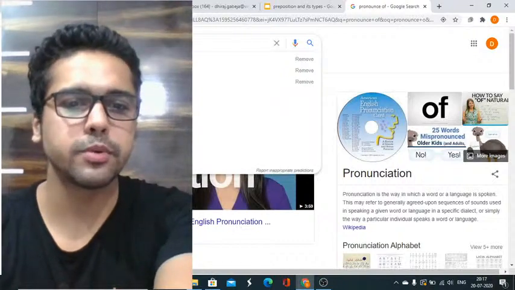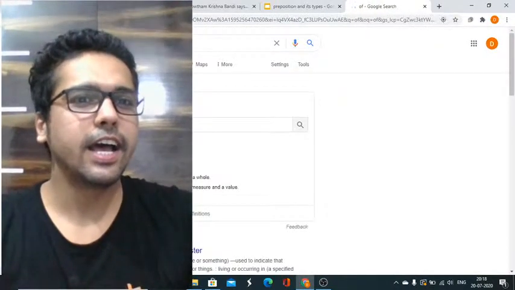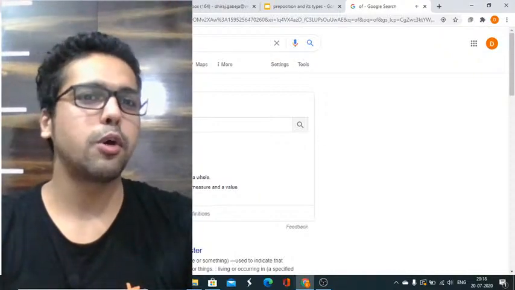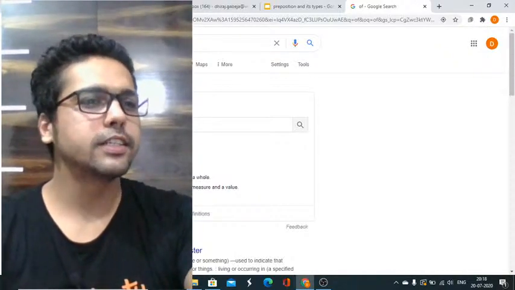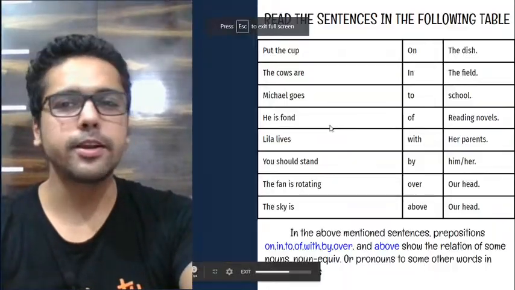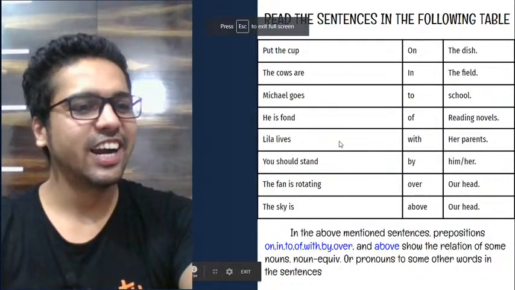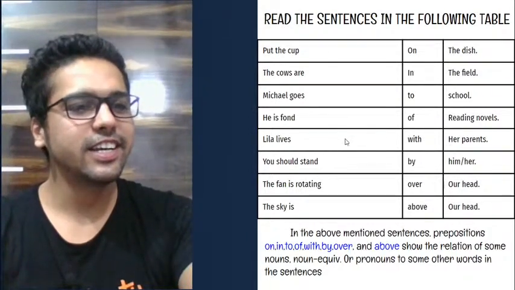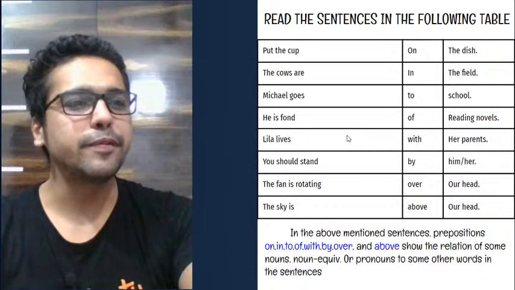Look at the way of is pronounced. Okay, let me check. Yeah. See the way this word is pronounced. It's pronounced as of. Listen to the pronunciation.